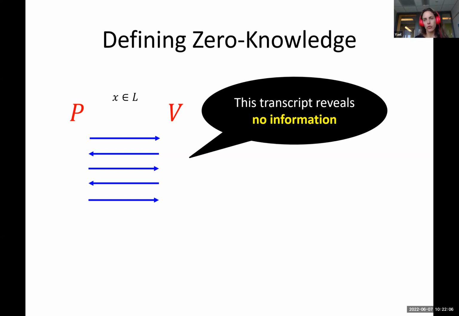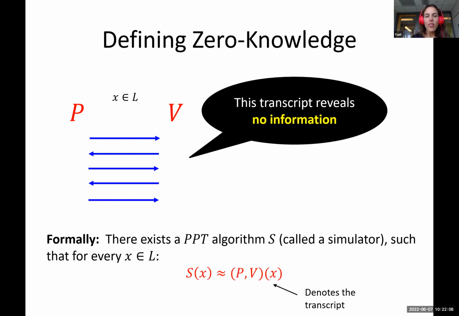It gives no information. The way we formalize it is we say the verifier already knew what the prover will answer or what the prover will tell him. We formalize this by saying that there exists a simulator, a PPT, probabilistic polynomial time. Again, we always think of efficient as polynomial time or probabilistic polynomial time. So there exists an efficient algorithm, S meaning simulator.